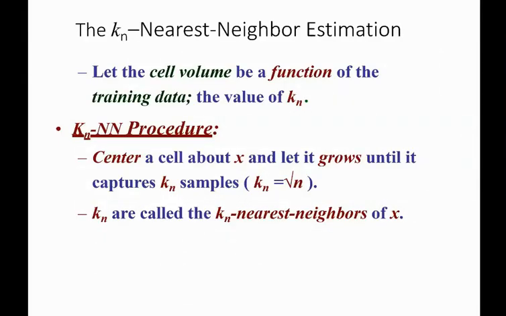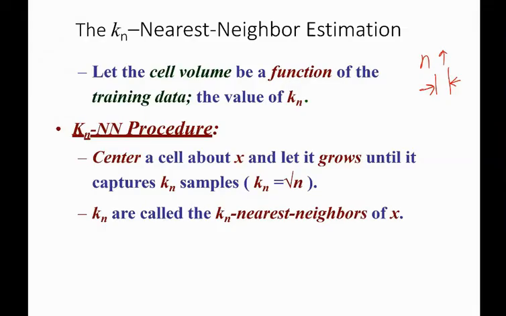As your number of samples grow, we shrink the window size. Now this KNN or K nearest neighbor estimation is called a growing window. So when your number of training samples grow, your window size increases. So that is the basic difference.